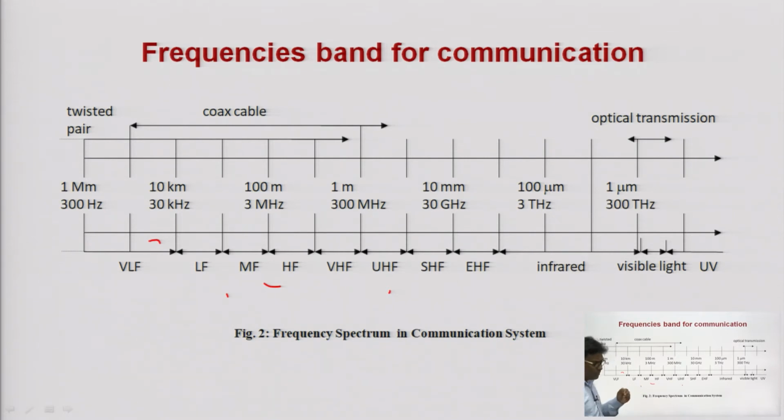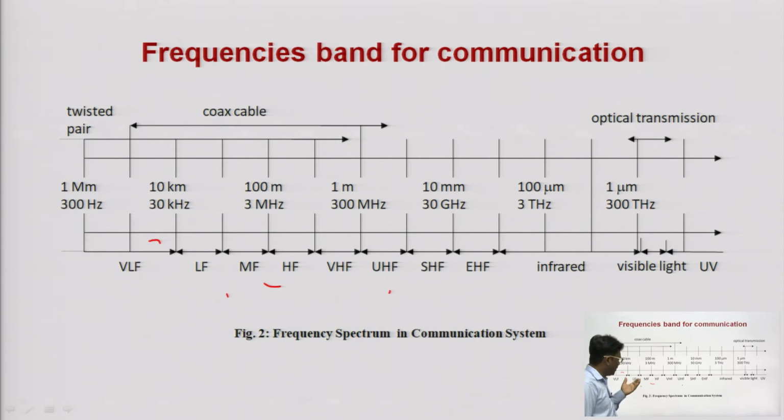Amplitude modulation, which we will cover in later slides, basically lies around the mid frequency range. The range of amplitude modulation is from 535 kilohertz to 1605 kilohertz, which lies around the low frequency range.